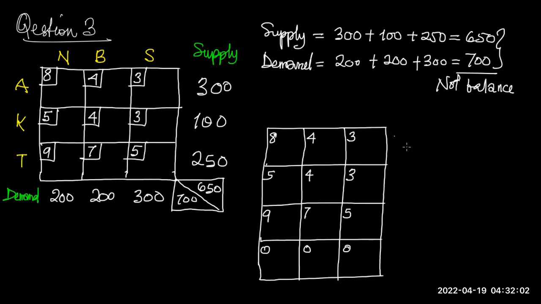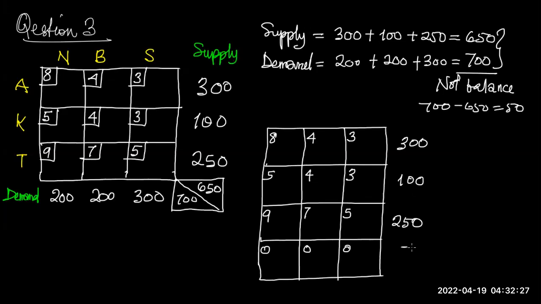And this was 300. 100. 100. 250. But remember, this was 650. We needed to balance with the 700. So what's the difference? The difference is 700 minus 650, which is 50.